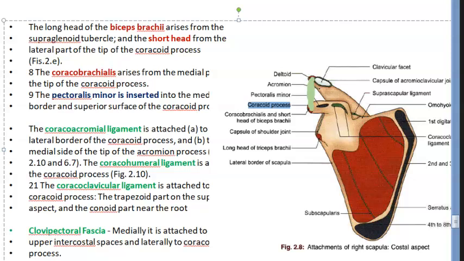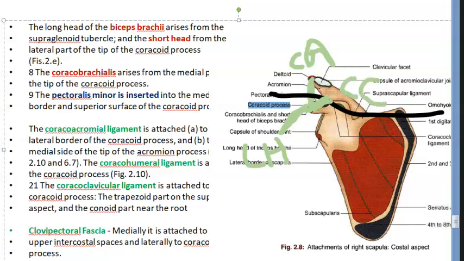From the coracoid process to the humerus, somewhere here the humerus will be, the coracohumeral ligament. Then the clavicle will be going somewhere here like this, so there is a coracoclavicular ligament, 1 more ligament. So 3 ligaments we mentioned: coracoacromial ligament, coracohumeral ligament, and coracoclavicular ligament.